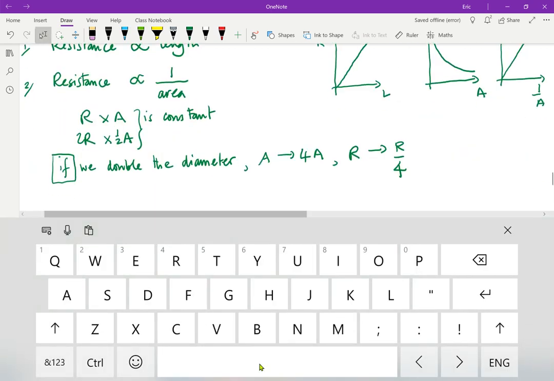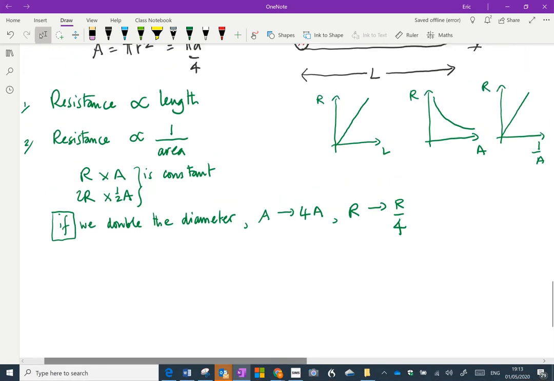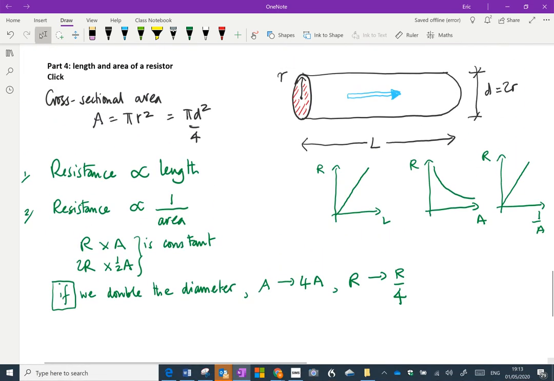So that's explaining in a nutshell a qualitative reason as to why the resistance would go up with length. The resistance goes down with area. Well, there's more room for them and they can travel more slowly, these electrons, so therefore they lose less energy if we have a bigger diameter wire.